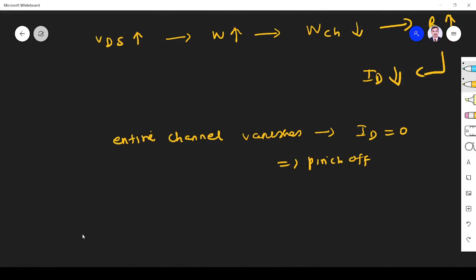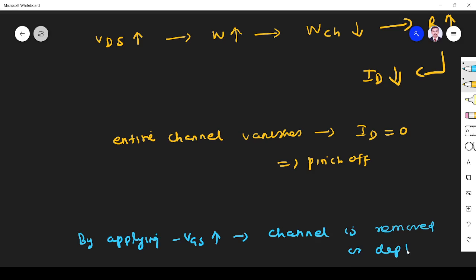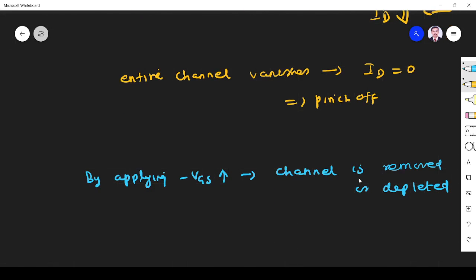By applying and increasing minus VGS, the channel is depleted, the channel is removed. That's why it's called depletion MOSFET.